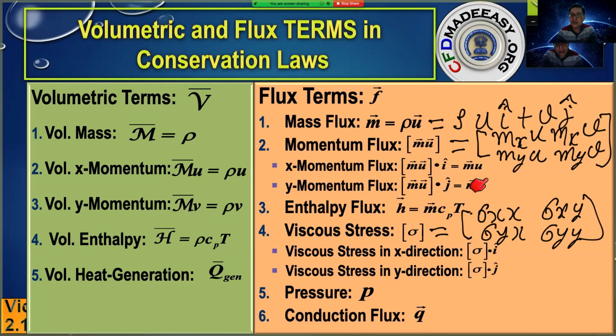So the second order tensor, whenever you take a dot product, gets converted into a first order tensor. Like if you take a dot product of a vector with a unit vector, it gets converted into a scalar component. So when we apply these fluxes for the momentum conservation law, finally the fluxes for x momentum and y momentum conservation law are vectors.